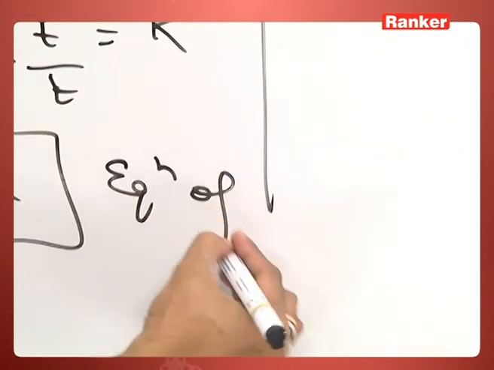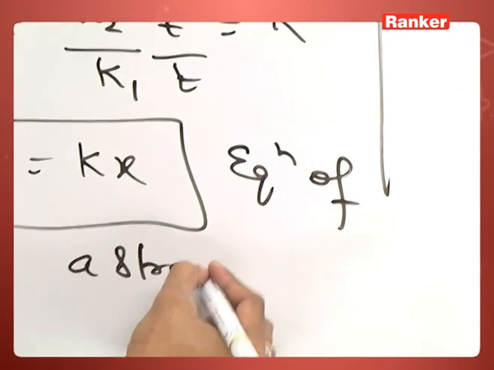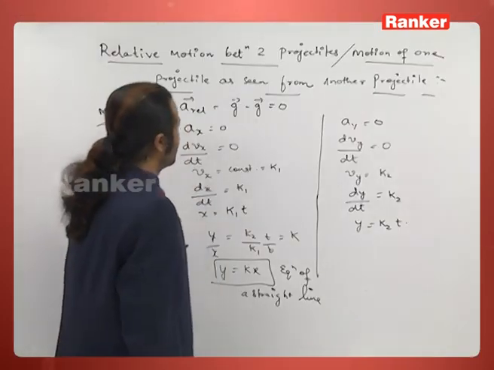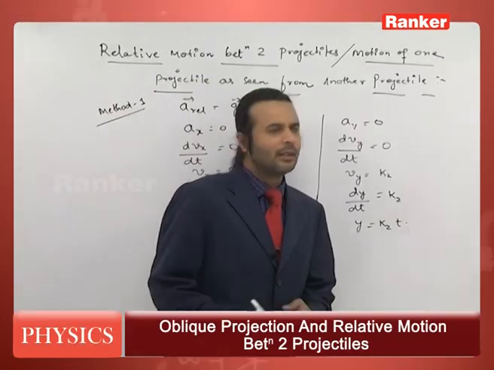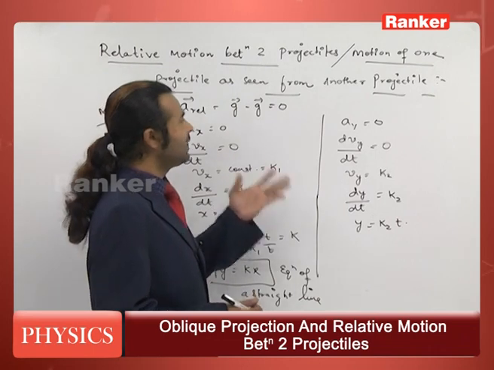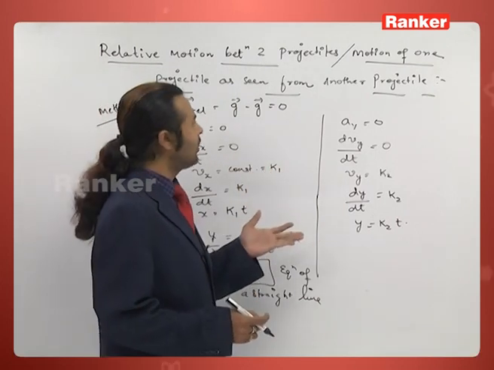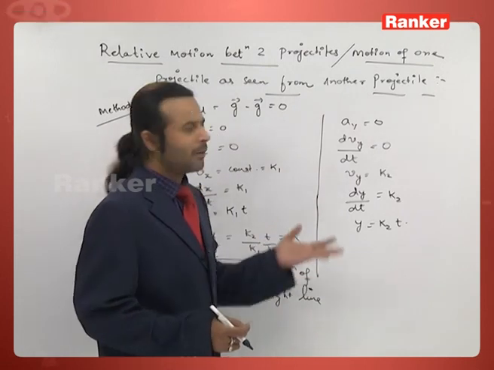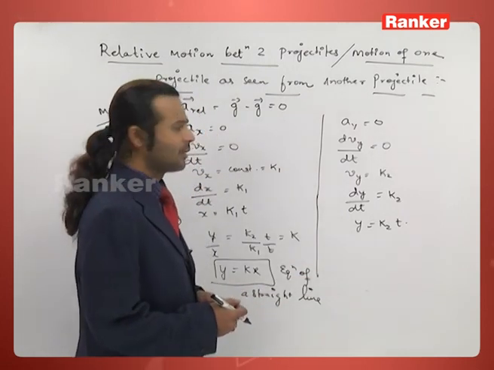Equation of a straight line. That means projectile 2 being seen by 1 will be a straight line, or projectile 1 as seen by projectile 2 will be a straight line because there is no relative acceleration.